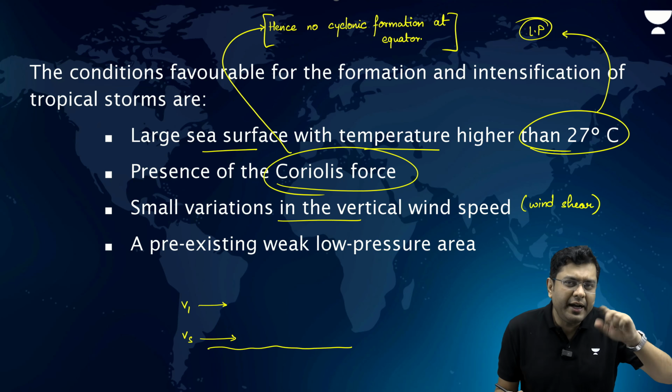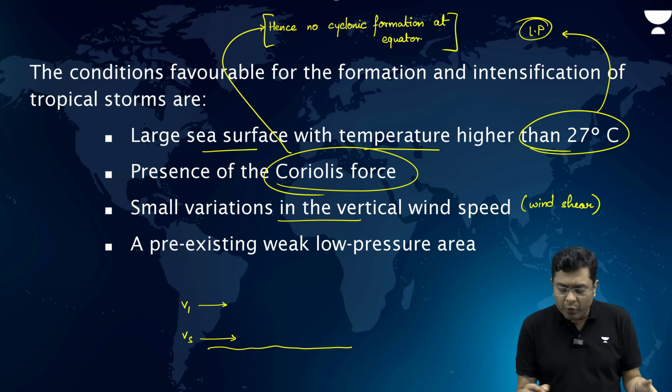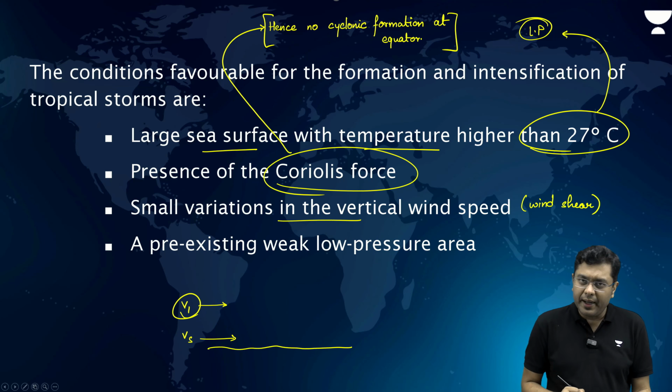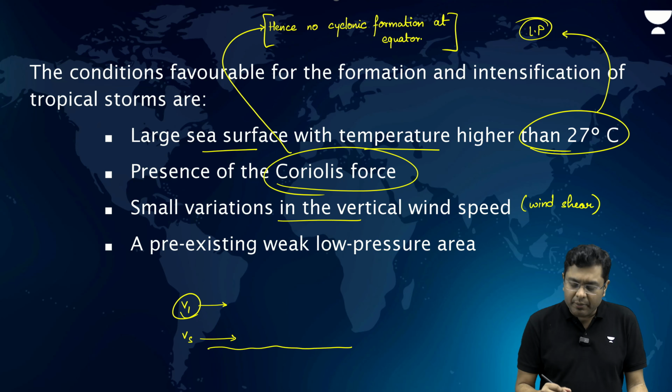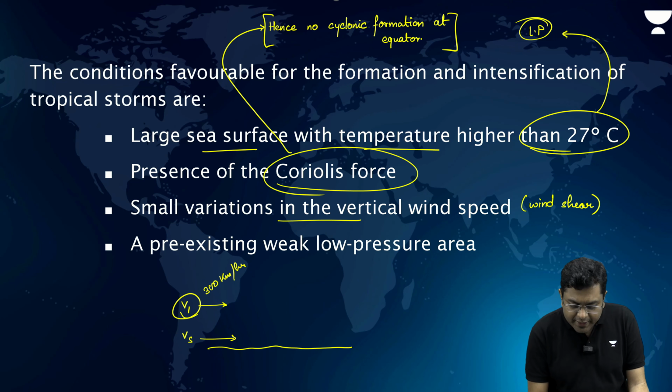Now this V1 and Vs need to be similar. Why? Because let's suppose V1 is very, very high. The wind in the upper atmosphere, let's suppose, is moving at 300 km per hour. Just an assumption. And here it is moving at 30 km per hour.